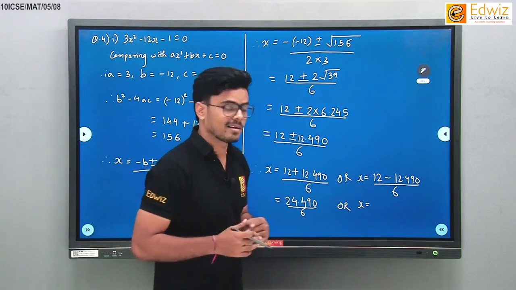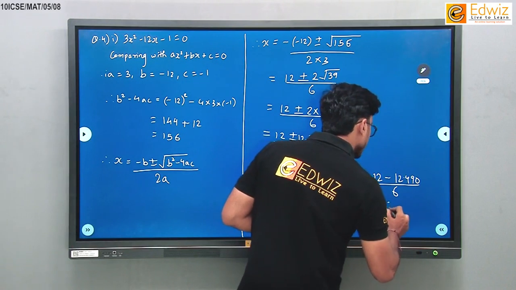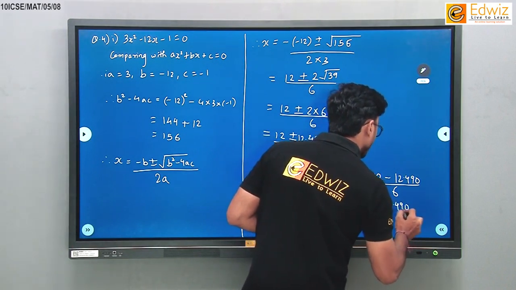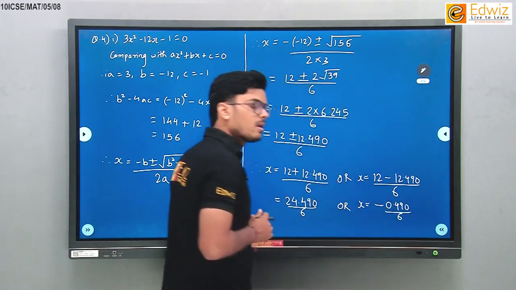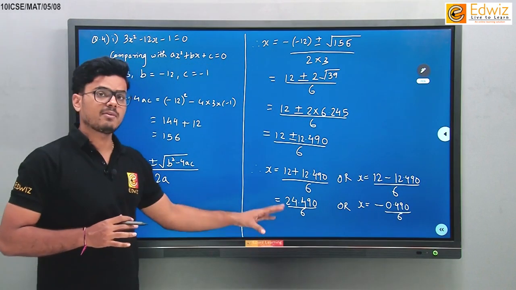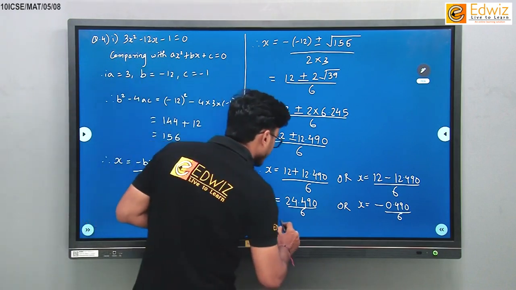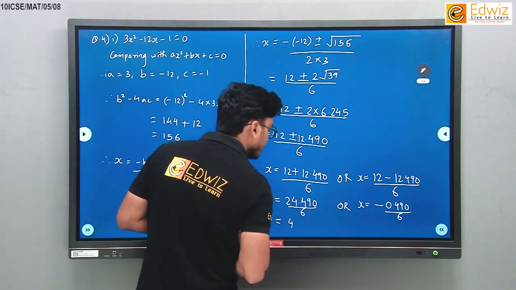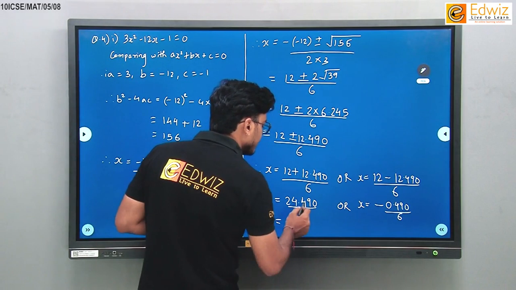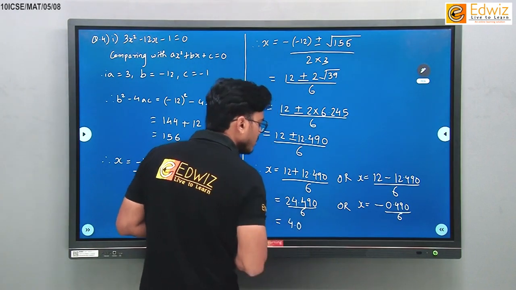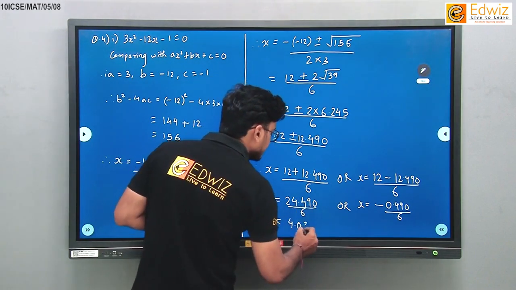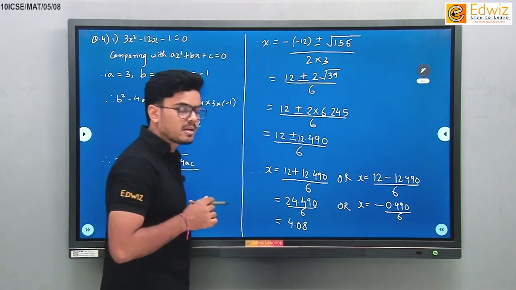So negative 0.490 divided by 6. Now after division we have to write the value correct to 3 decimal places. Let us do the division. We know 6 4s are 24. Point, here it is just 4, so 0. Okay, then again 6 8s are 48. 1 will be the remainder.